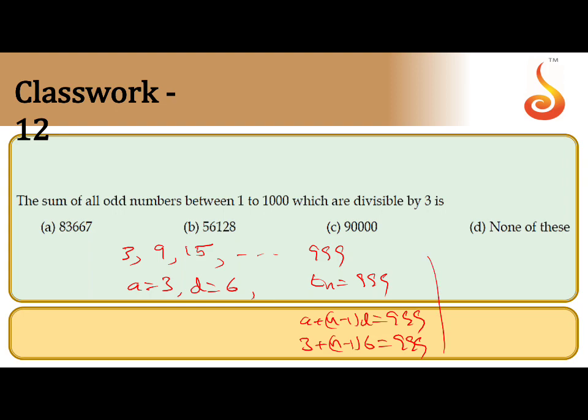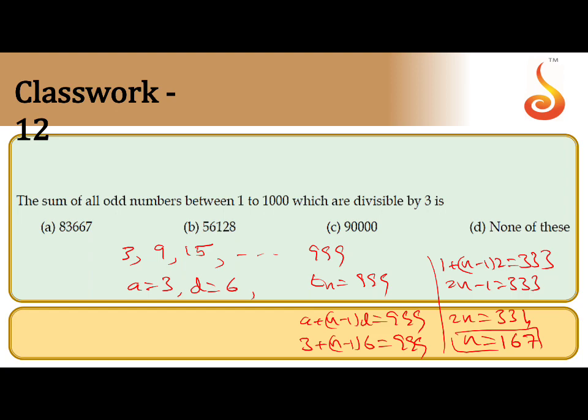You can cancel with 3: 1 plus (n minus 1) into 2 equal to 333. So 2n minus 1 equal to 333. So 2n minus 2 plus 1. Therefore 2n equal to 334, n equal to 167. So the number of terms is 167.